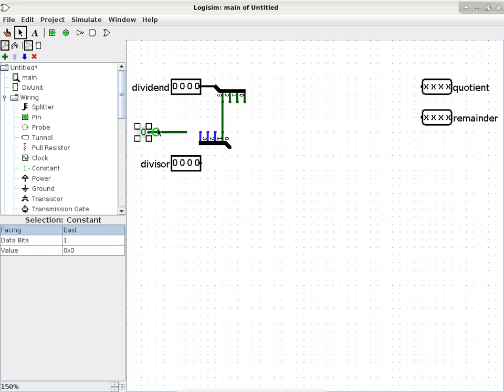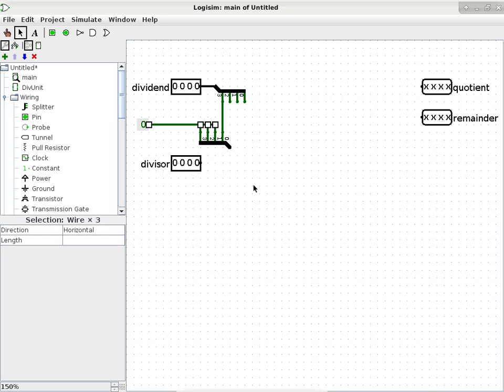So we'll use this one. Okay, there we go. So now we have two numbers, because we have this particular number, which is the combination of three zeros plus the most significant bit from the dividend, and we have the divisor.